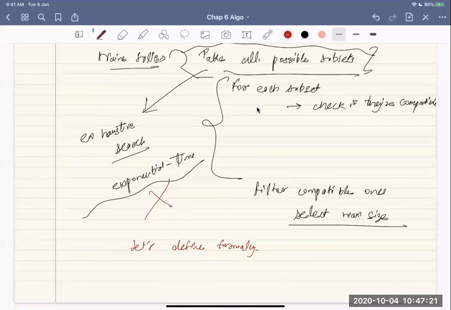Suppose there are n requests, a1 to an, and we have the start time and finish time: s1 f1 to sn fn.